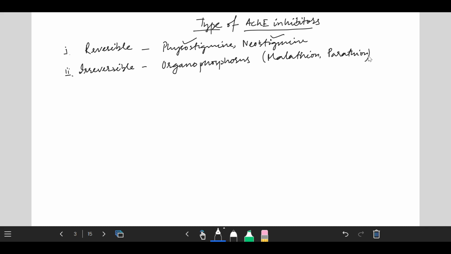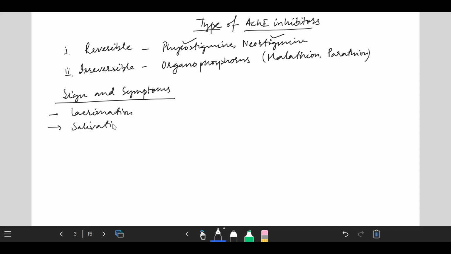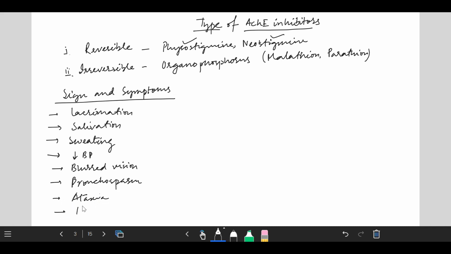So, the signs and symptoms are lacrimation, salivation, sweating, fall in BP, blurred vision, bronchospasm, ataxia, tremor, etc. So, these are the main signs and symptoms.